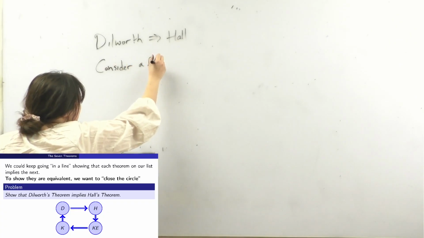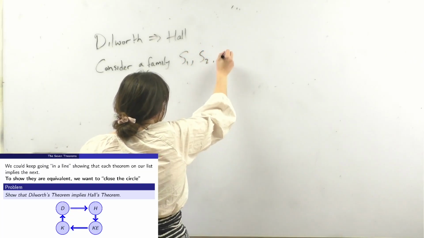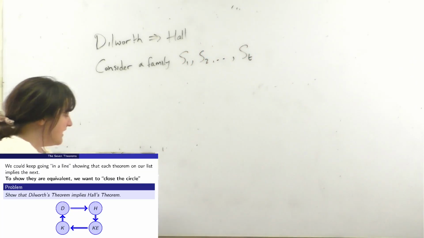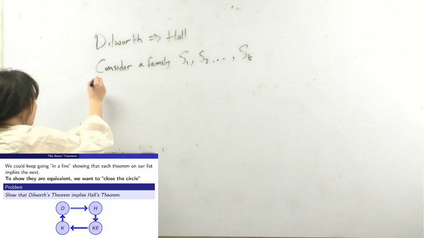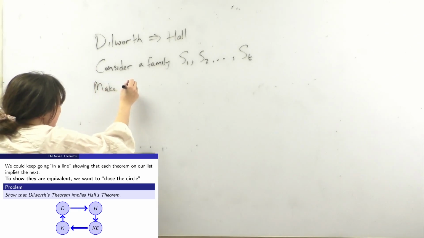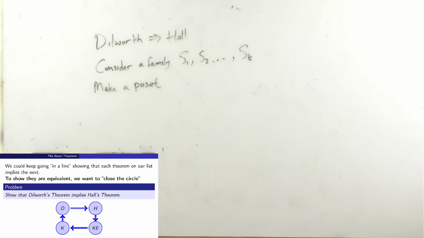I consider a family of sets and I want to show that this thing has a system of distinct representatives if and only if all the sets satisfy Hall's condition. So what have we typically been doing? We translate to whatever the object is that the theorem we're assuming talks about, so we can apply the theorem we're assuming. So I'm going to make a poset out of this family.